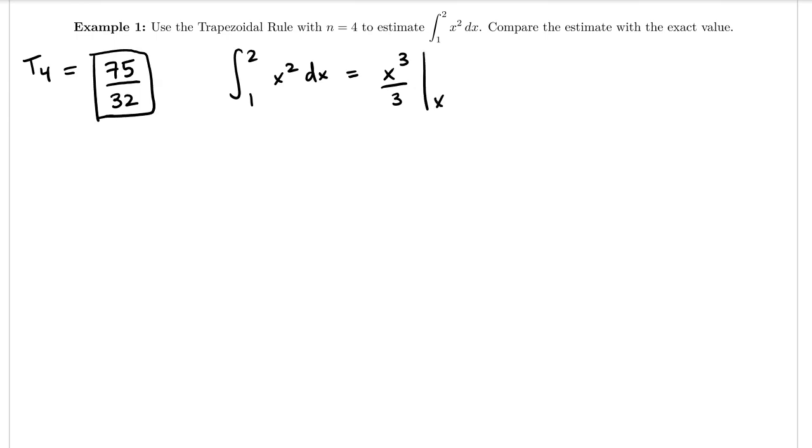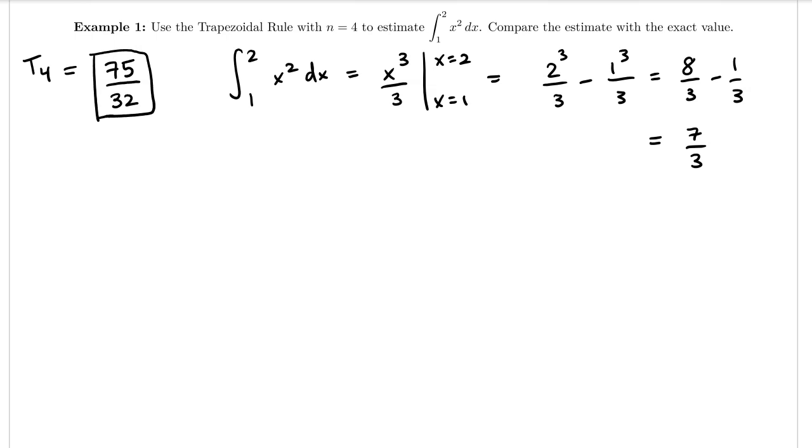I'm evaluating this from x equals 1 to x equals 2. So we have 2 cubed over 3 minus 1 cubed over 3, which is equal to 8/3 minus 1/3. And that is equivalent to 7/3.